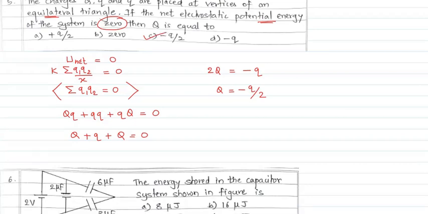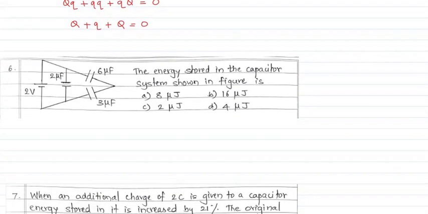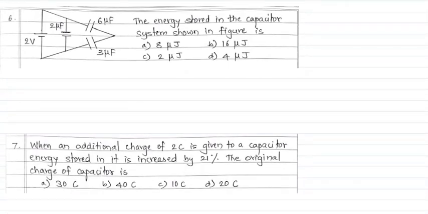Next one, sixth. The energy stored in the capacitor system shown in the figure is. If you want, you can rotate this figure by 90 degrees and observe these two are in series first.